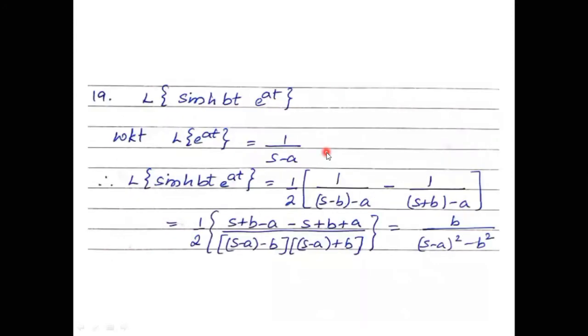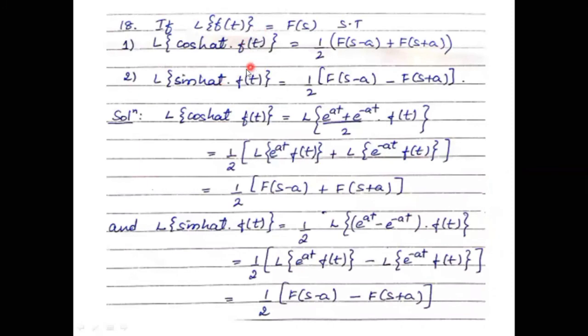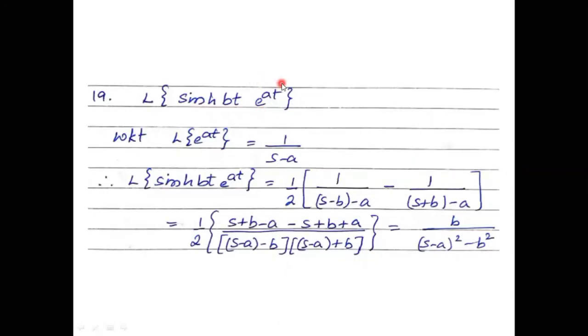Move on to the next one. I've just taken one example. See here, in place of f of t, we have taken e power at. We know that Laplace transform of e power at is 1 by s minus a. In place of f of t, we are having e power t.